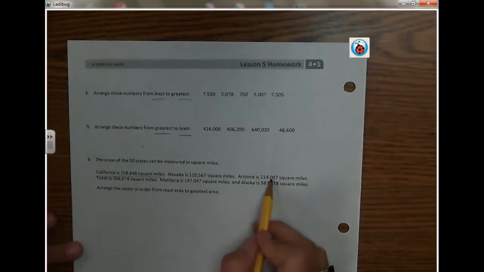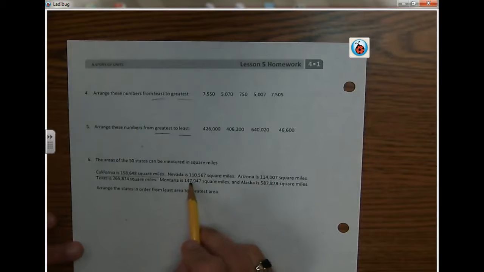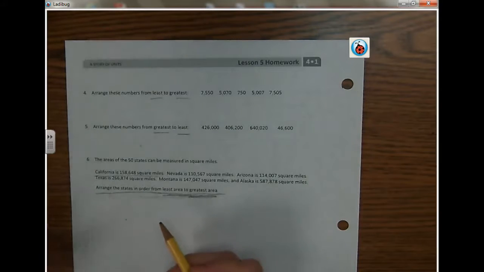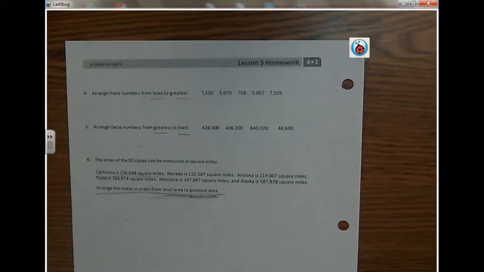Nevada square miles, Arizona, Texas, Montana, and Alaska. Arrange the states in order from least to greatest area. I want you to go ahead and do that on your own. Bring it in tomorrow and we'll go over it. Use place value charts to help you figure out which number is greater or less.